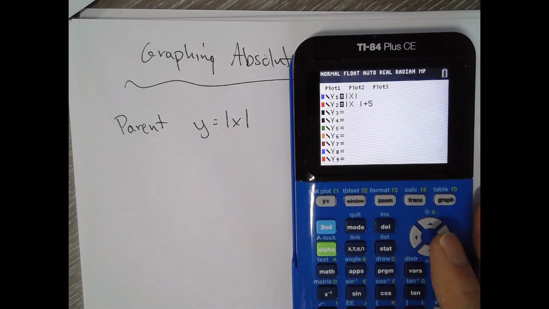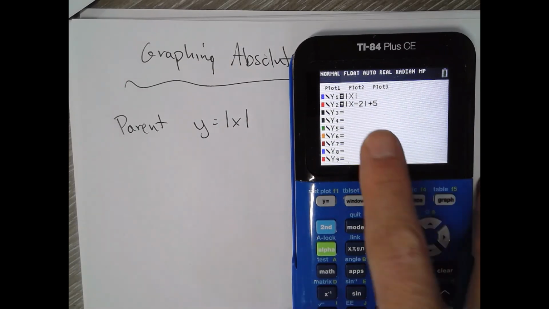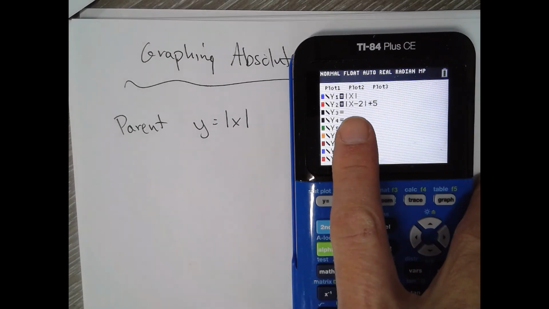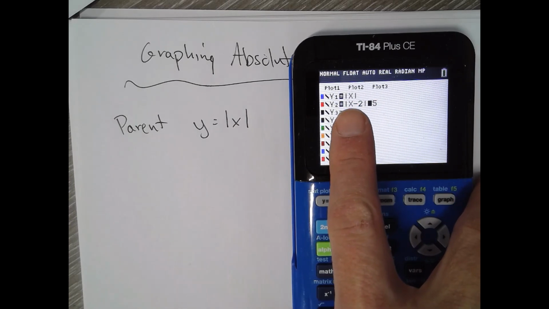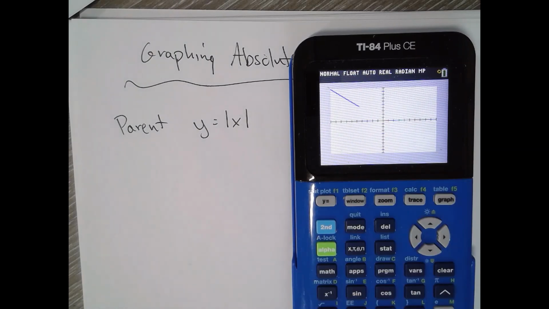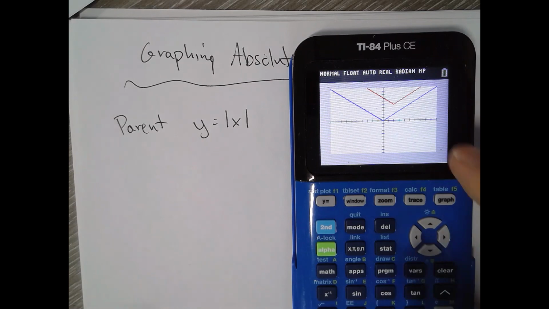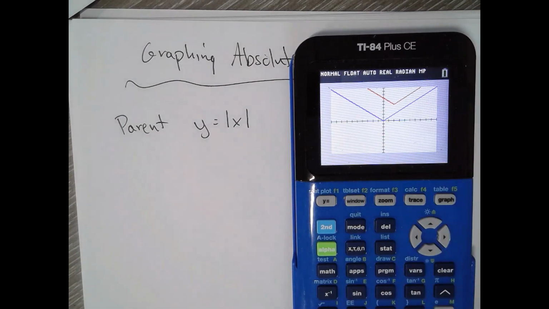If I wanted to do minus 2 in addition to the plus 5, that minus 2 on the inside is going to move it right 2. Remember, it's the opposite. Right 2 and then up 5. So this absolute value function is going to go right 2 and up 5. So our vertex is 2, 5 on our new one.